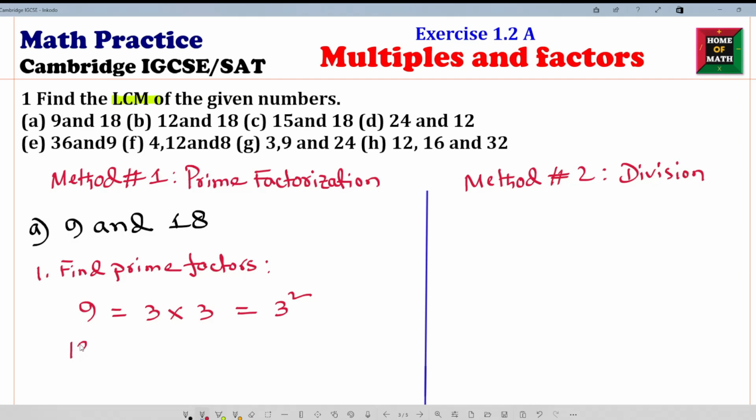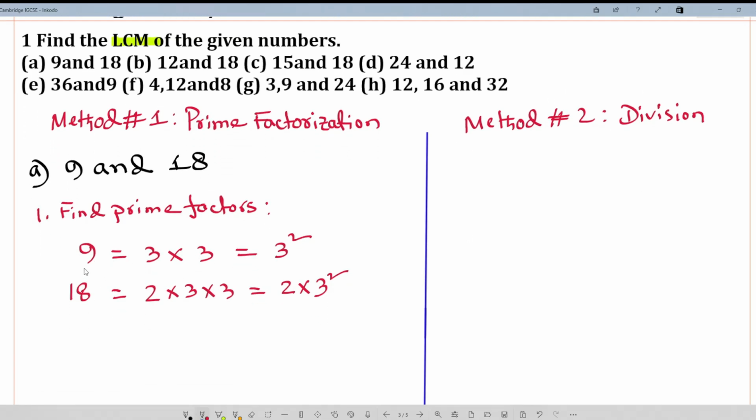Now 18 we can write as 2 times 3 times 3, which is 2 times 3 square. Okay, now for this 9 and this 18 we have found the prime factors.